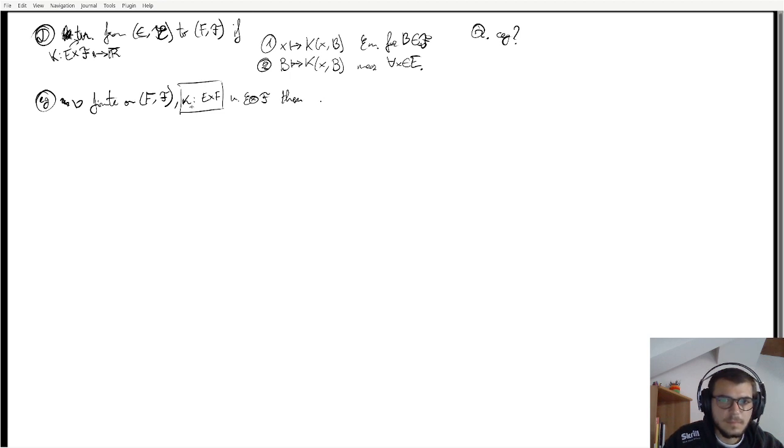Then this thing here, the integral over B of mu dy, k of x dy.